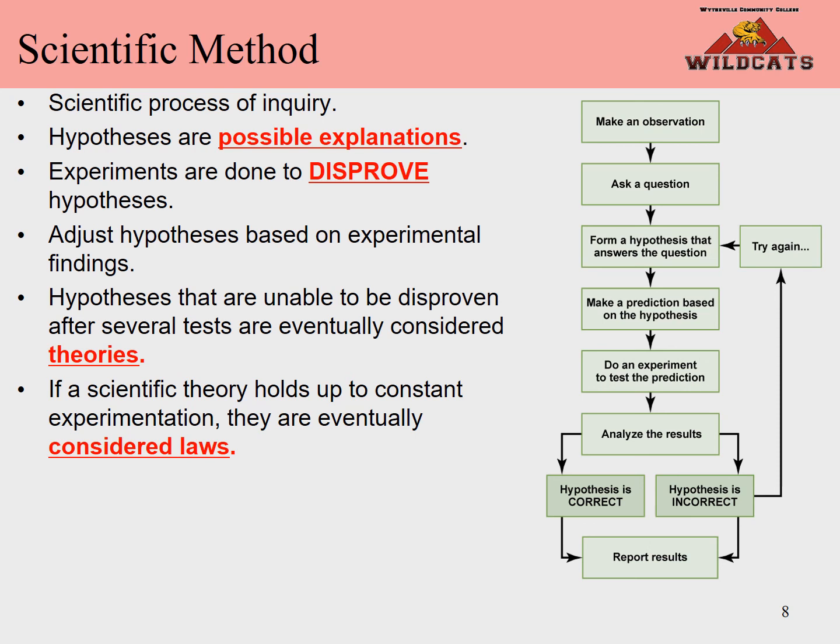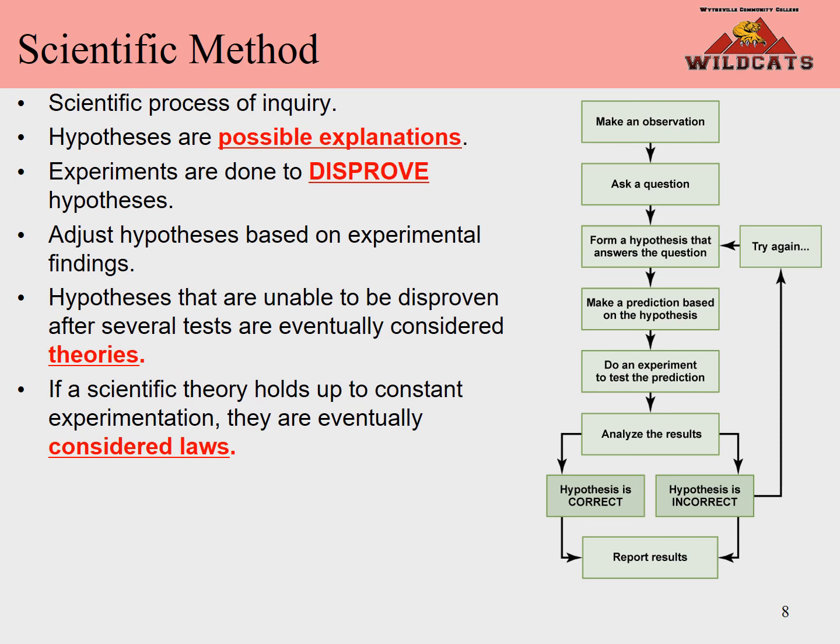You report the results, and no matter what happens, whether the hypothesis is correct or incorrect, it's interesting. We try it again because we have to repeat. So hypotheses that are unable to be disproven after several tests are eventually considered theories.